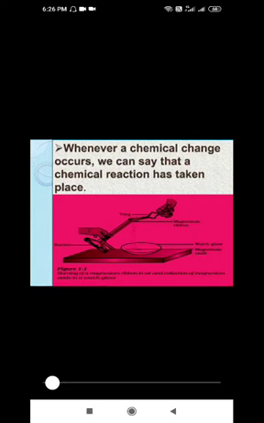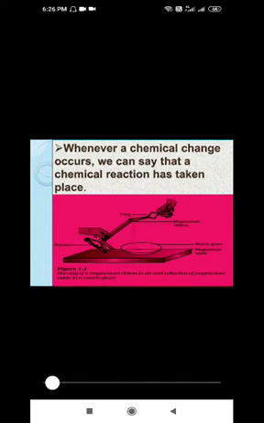You are told to take a magnesium ribbon, right? And you need to burn that magnesium ribbon on a Bunsen burner or any candle or flame, whichever you like, right? So you can hold your magnesium ribbon with a pair of tongs, right?